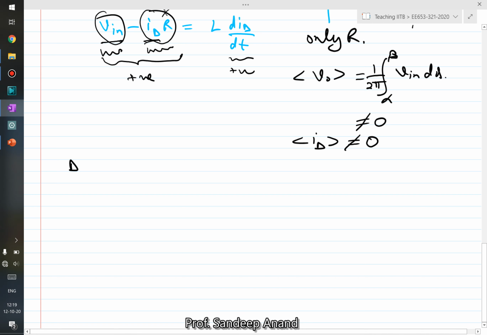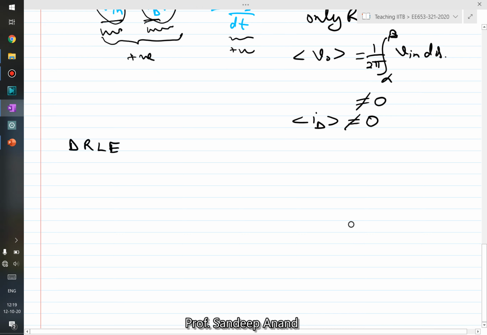A DC machine armature circuit is nothing but a combination of a resistance and a back EMF, and there may also be a small inductance, which could be because of the leakage flux. So essentially you have a diode rectifier from an AC, and then you also have an R, an L, and an E. You have all three components there.